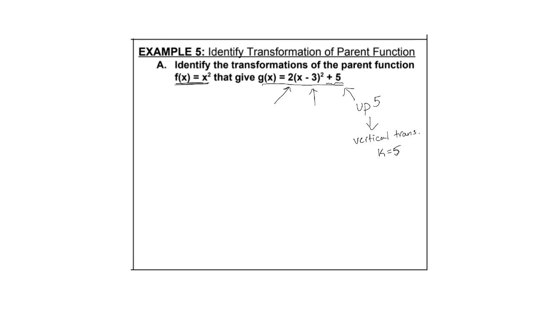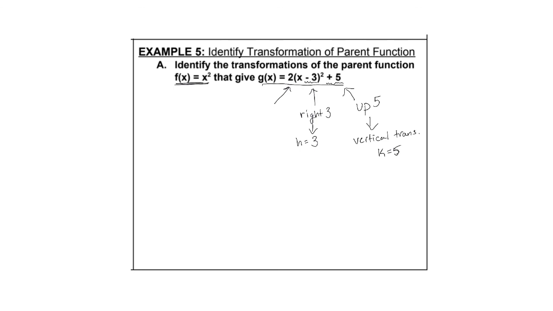Now, when it's inside our parentheses or absolute value, we should know that it's going the opposite way. So if it's minus 3, that means we go right 3. The reason is that our h is positive 3, because it's x minus h.